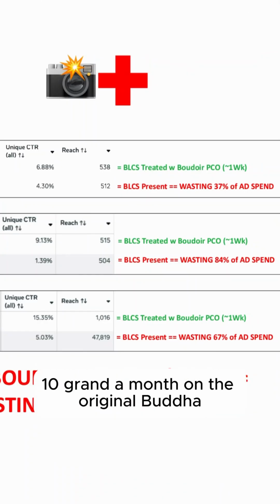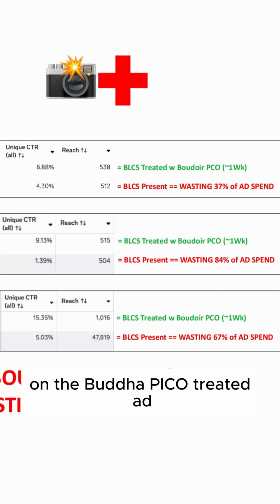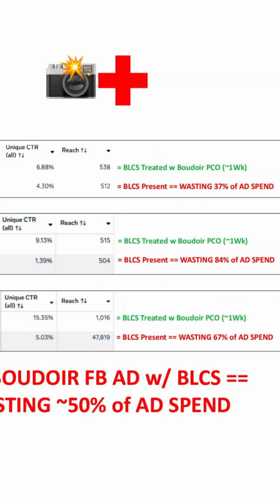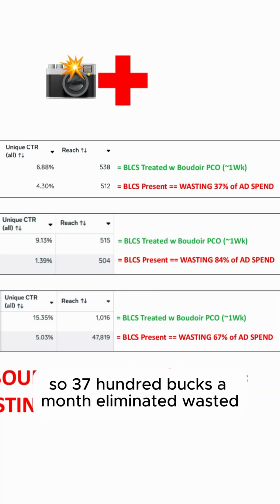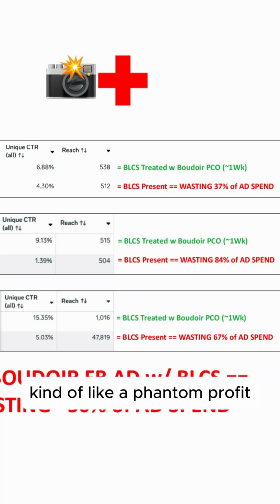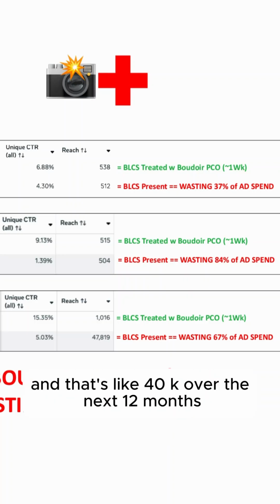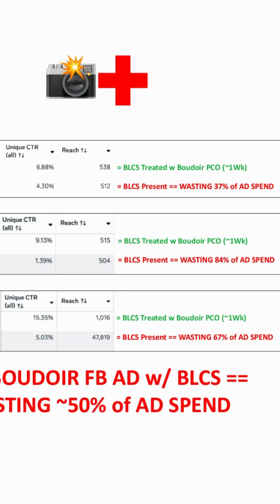If they're spending 10 grand a month on the original ad, now they only need to spend 6,300 bucks a month on the Boudoir Pico treated ad to get the ad into the same number of women's brains in both scenarios. So 3,700 bucks a month of wasted ad spend eliminated, back in the owner's pocket. They no longer have to spend it, kind of like a phantom profit. That's like 40K over the next 12 months without having to do any extra work.